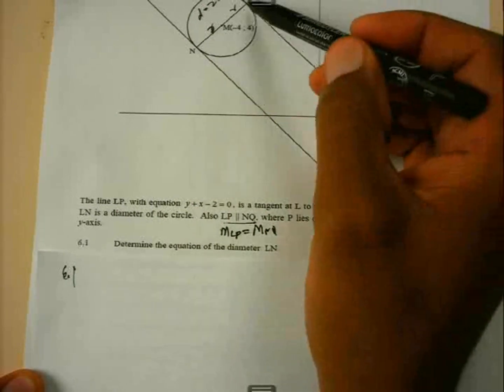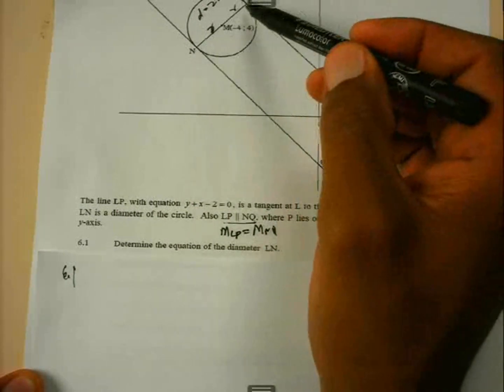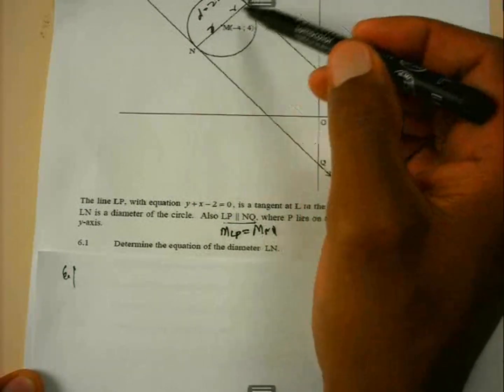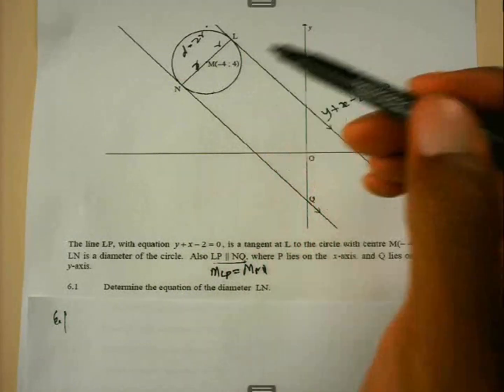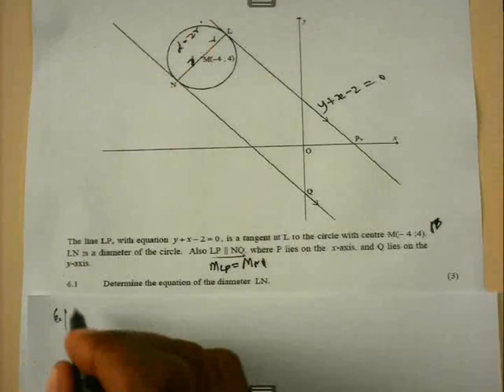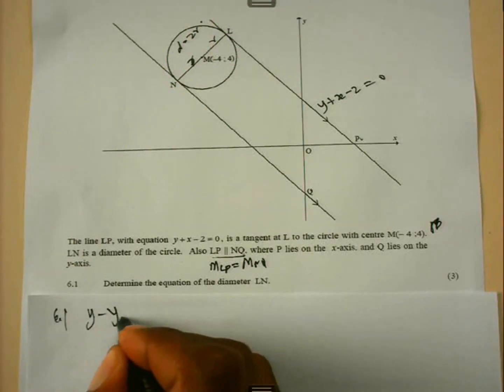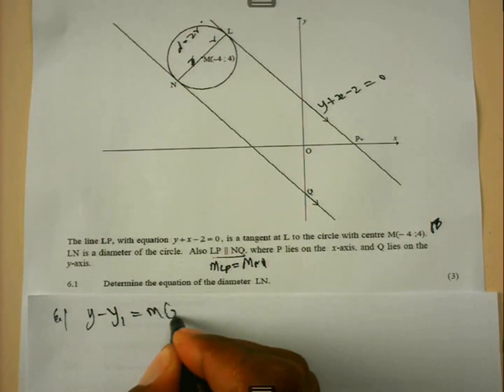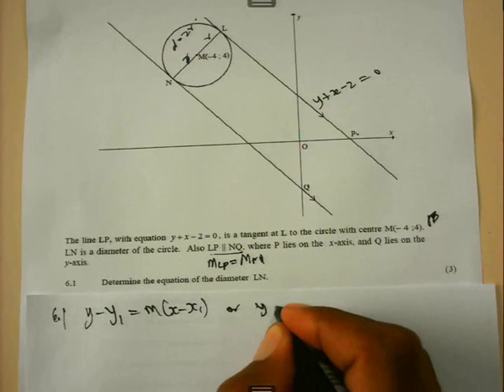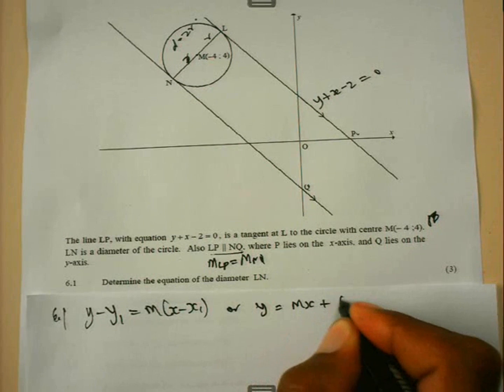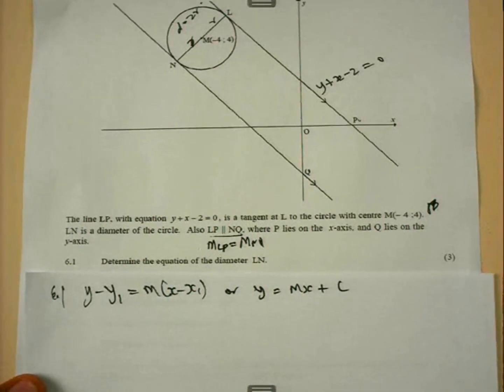Okay. Now here's the diameter LN, and this diameter is a straight line. Is that correct? Now you will remember for the straight line we must have y minus y1 is equal to m into x minus x1, or one will say y is equal to mx plus c.